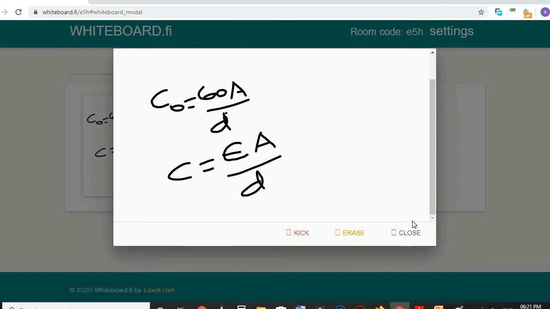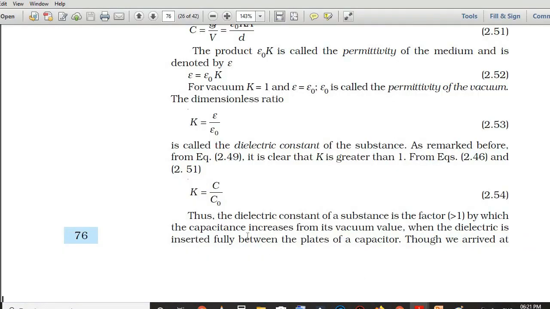Thus, epsilon divided by epsilon 0 means C by C0, and that is equal to K. Thus, we got two equations for finding the dielectric constant or relative permittivity. What are the two equations? K is equal to epsilon by epsilon 0 or C by C0.